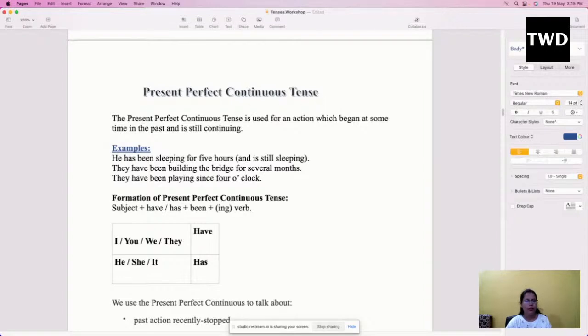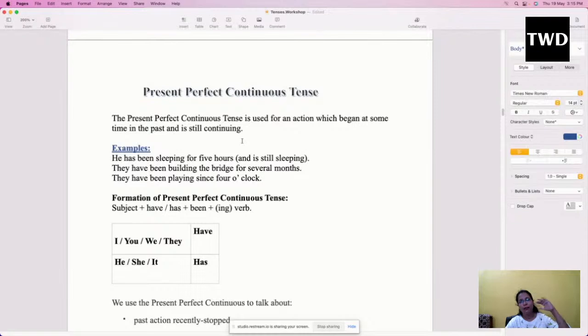The present perfect continuous tense is used for an action which began at some time in the past and is still continuing. So under present perfect continuous tense, we include all those actions which started in the past and are still continuing. For example, he has been sleeping for 5 hours.